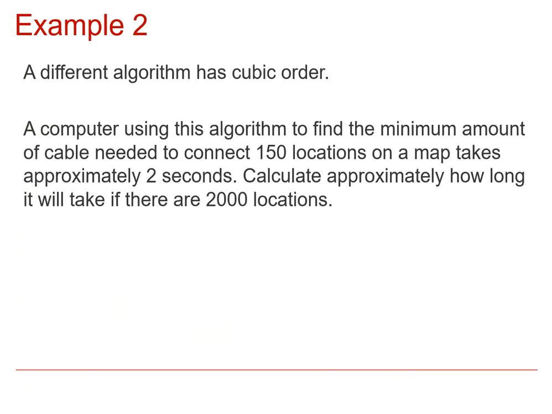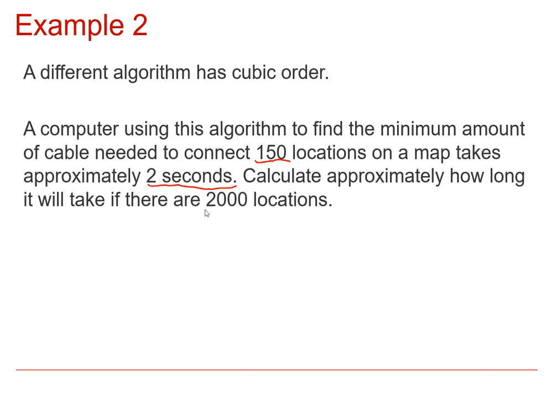So here's another example. The only difference this time is that rather than being quadratic order, we've got cubic order. The size of the problem this time is given by this number 150. That's the smaller version of the problem, and that has taken 2 seconds.